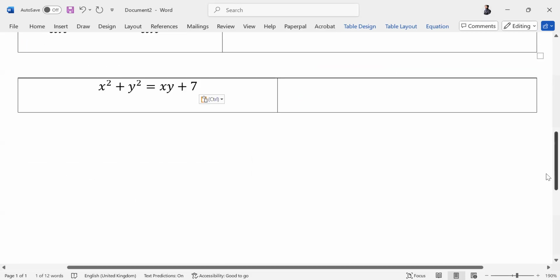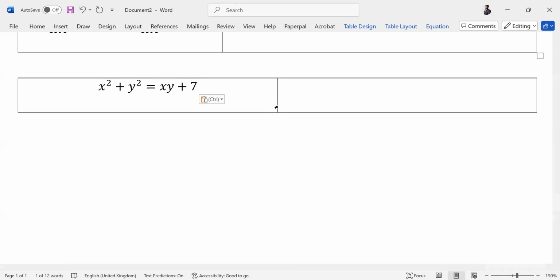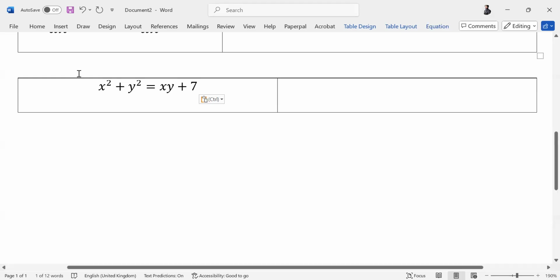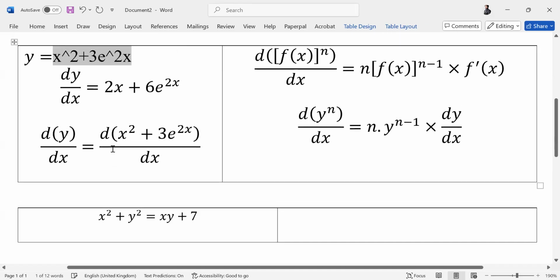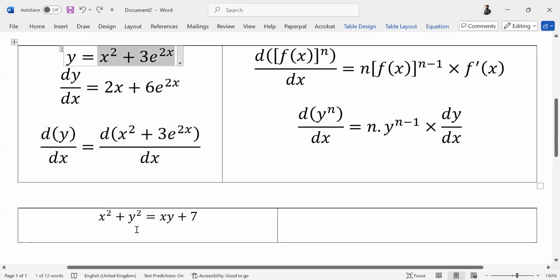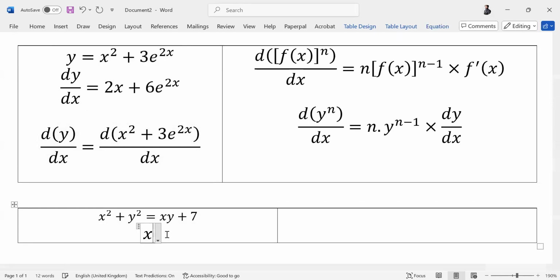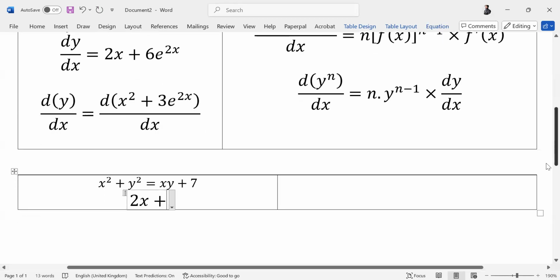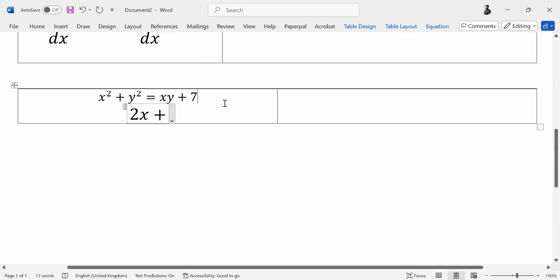Make sense? So now if I tell you to do the same thing over here, differentiate both sides with respect to x. Can we do this? Let's do one thing at a time. What am I doing? Differentiating both the sides with respect to x.